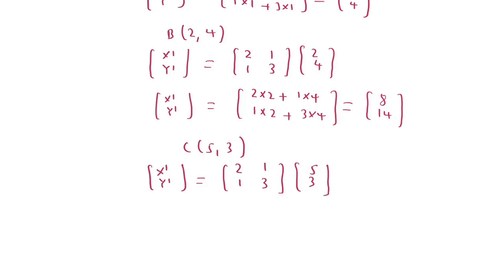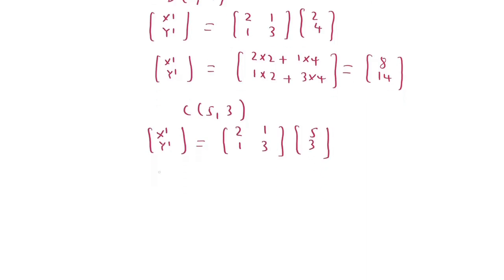Okay, so multiplying this, we are going to have X image, Y image equals matrix 2 times 5 plus 1 times 3, 1 times 5 plus 3 times 3.